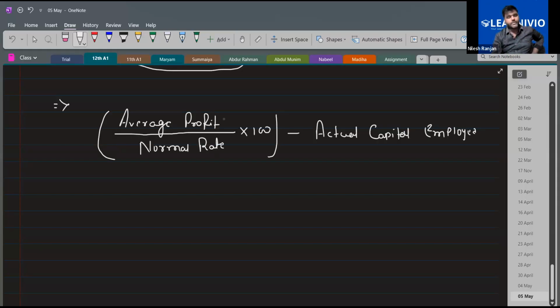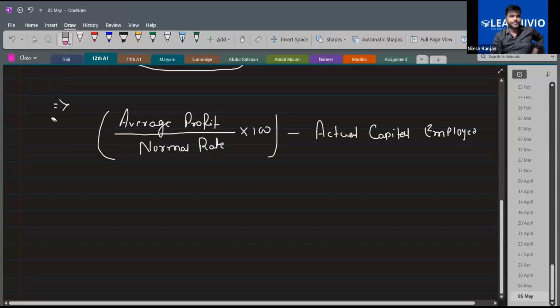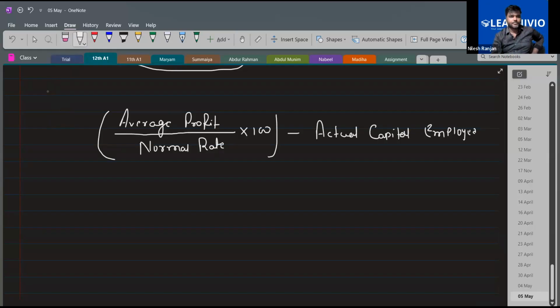This is the value of goodwill. Goodwill equals this. Now, what is the meaning of this?